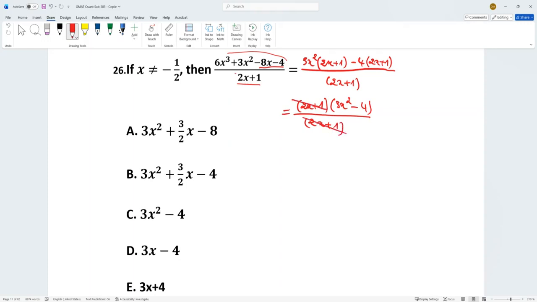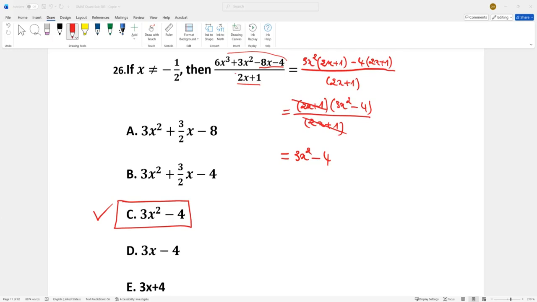Then we find ourselves with the expression 3x to the power 2 minus 4. Looking at the answer choices, answer C is definitely the correct answer. It's as simple as that.